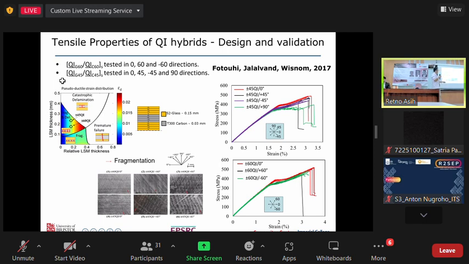Based on this experiment, a nice pseudo-ductile response has been demonstrated. And also there's a change of appearance. Based on this change of appearance, you can see the state of damage or the type of strain endured by this material.